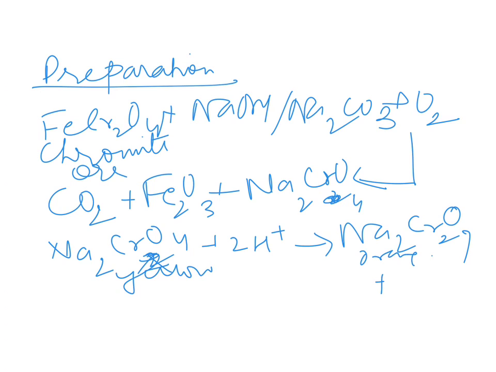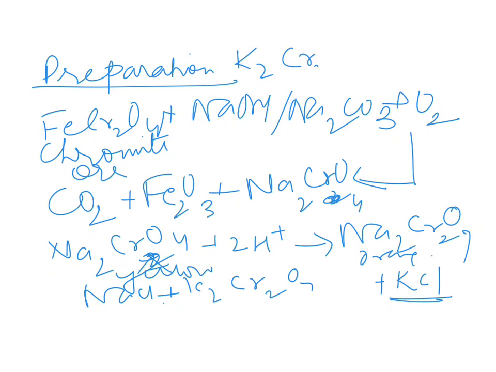Now if you treat it with a salt having K, the sodium will be replaced and you will get K2Cr2O7 and NaCl. So that is the method of preparation. Hope you have understood. Whatever K2Cr2O7 you get, the crystal has 2 molecules of water.